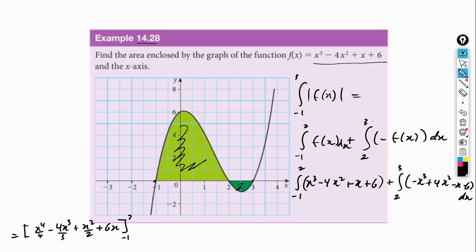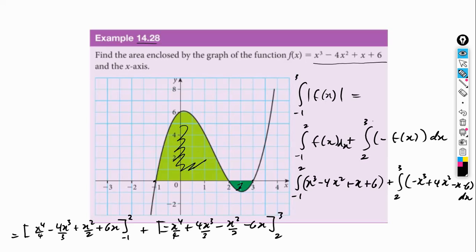And then this plus, well, this will be negative x to the 4 over 4 plus 4x to the 3 over 3 minus x squared over 2 minus 6x. And this one from 2 to 3.